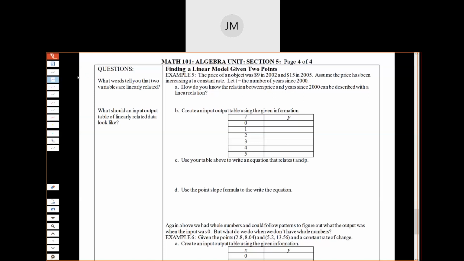Again, it's not necessary, but it's sometimes helpful to say 2002 is when t is equal to 2, and 2005 is when t is 5. So that's where I'm going to put the prices that I'm given in the problem. In 2002, the price was 9. In 2005, the price was 15.